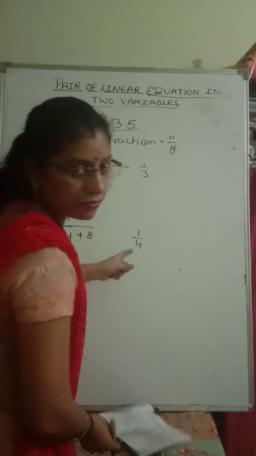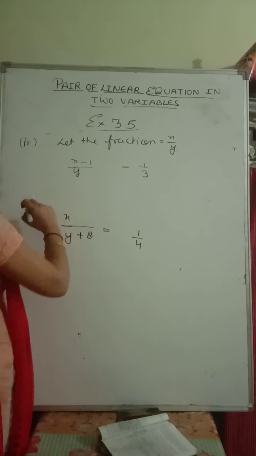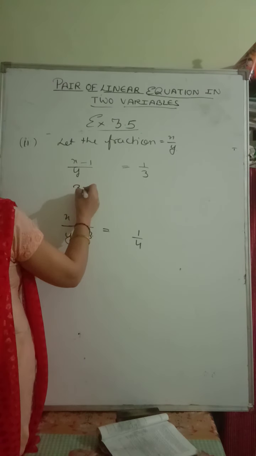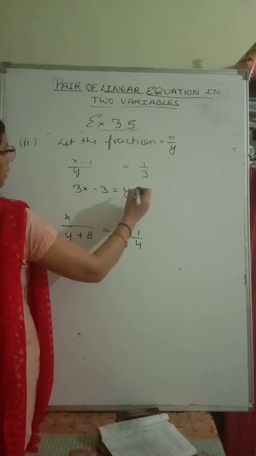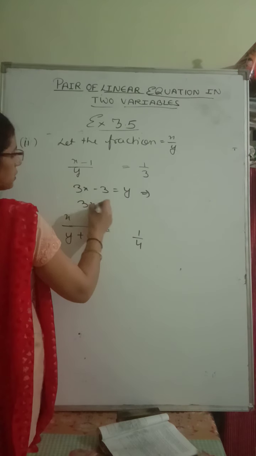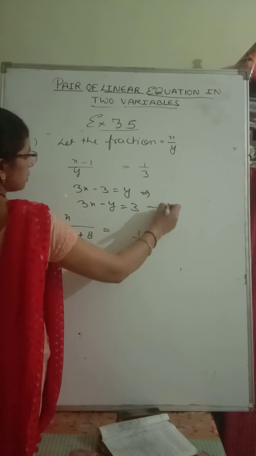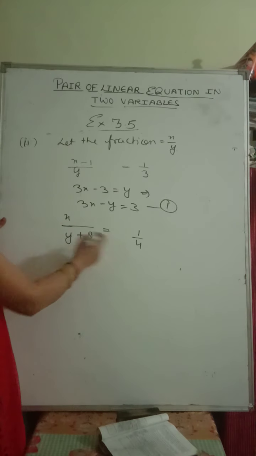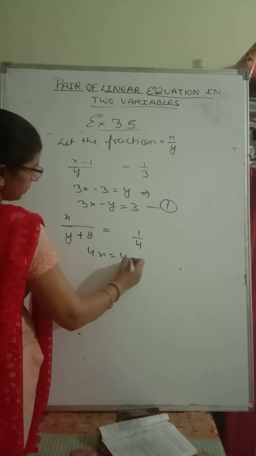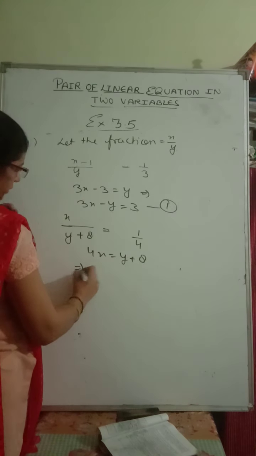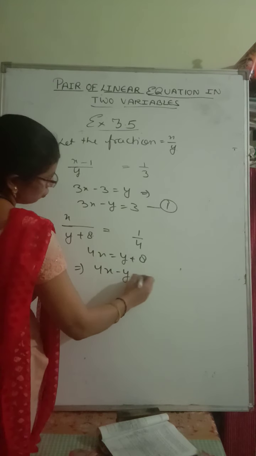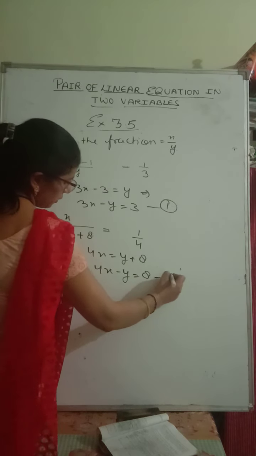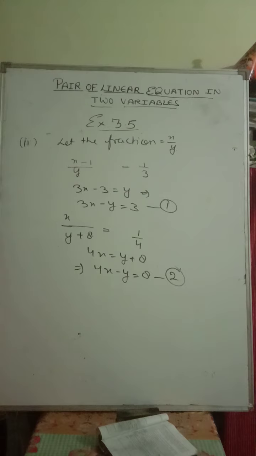So we have to find first two equations from these two. Cross multiply. So 3x minus 3 equals to y, which shows 3x minus y is equals to 3, equation number 1. And from here 4x is equals to y plus 8, which is 4x minus y equals to 8, equation number 2.